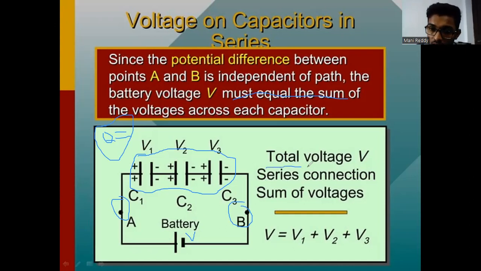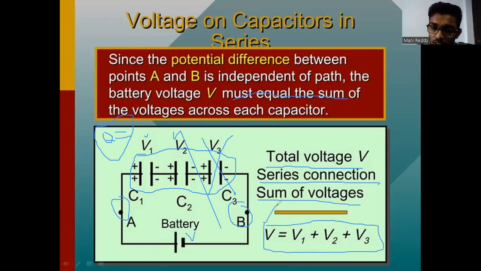The total voltage of the connection is not the voltage of each one. Suppose we have two voltages here, the voltage of the battery and the voltages of the capacitors in series connection. Okay, I hope you are understanding this.